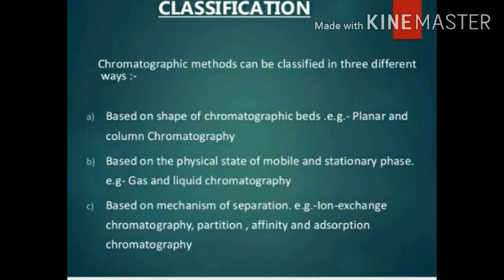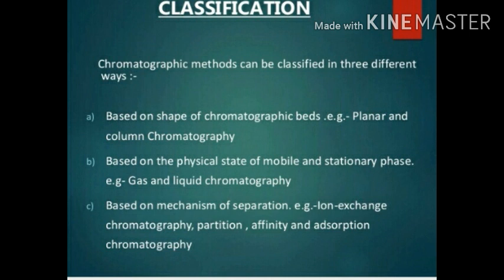Once again, we have to know the classification of chromatography. Chromatographic methods can be classified in three different ways: based on the shape of chromatographic beds, for example planar and column chromatography; based on the physical state of mobile and stationary phase, for example gas and liquid chromatography; and based on the mechanism of separation, for example ion exchange, partition, affinity and adsorption chromatography.